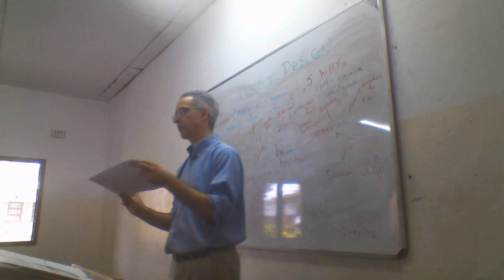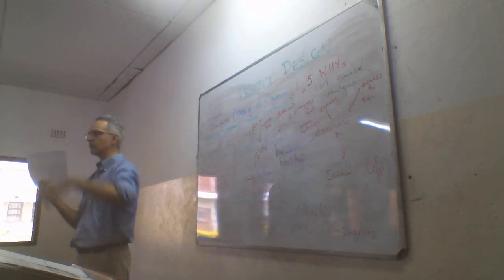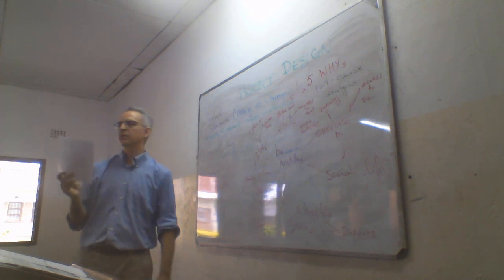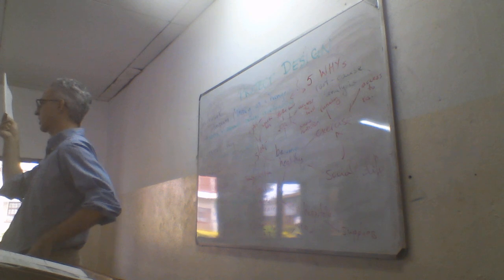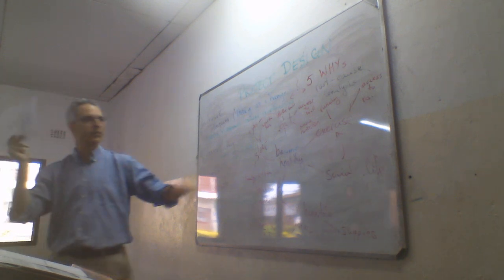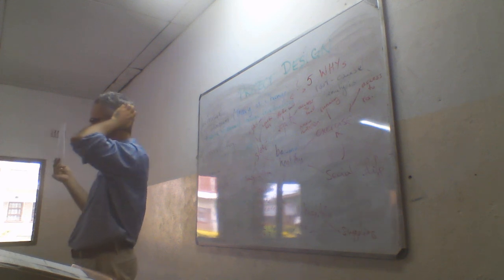Let's start on page 3, called simple logic diagram. So I know we started with causal, but we're going to start with logic and then go back to it.